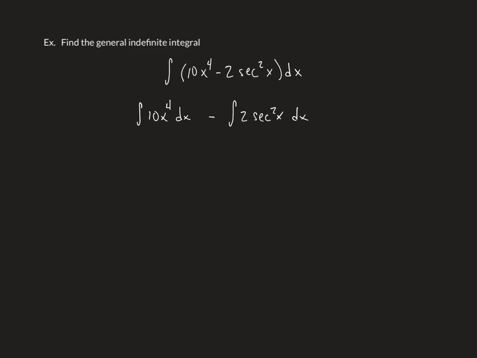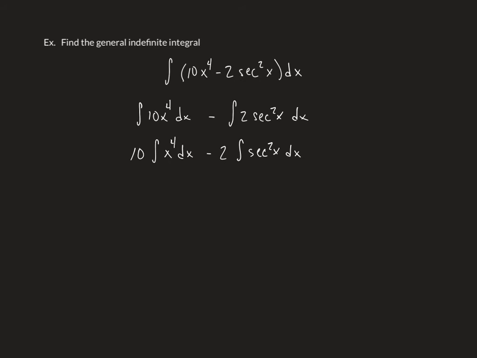All right, and there are some constants here that I could account for, right? So I could pull the 2 out, and I could pull the 10 out from each of those integrals. So this is 10 times the integral of x to the fourth minus 2 times the integral of secant squared. And now I can take the antiderivatives of these functions on their own.